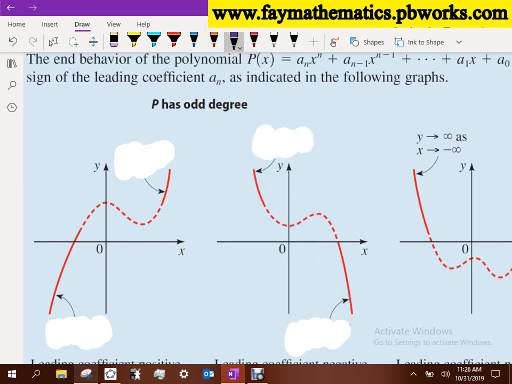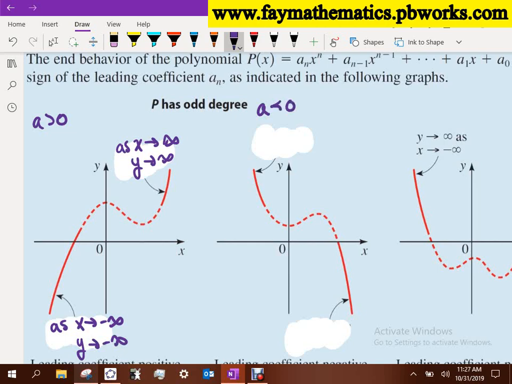So I'd be writing here, this is A is greater than 0, so A is positive. And I would say as x goes to infinity, where's y going? Infinity. Y is going to infinity. As x is going to negative infinity, y is going to negative infinity.